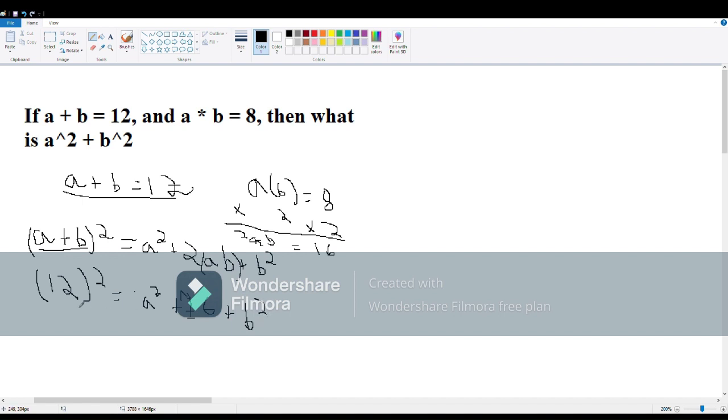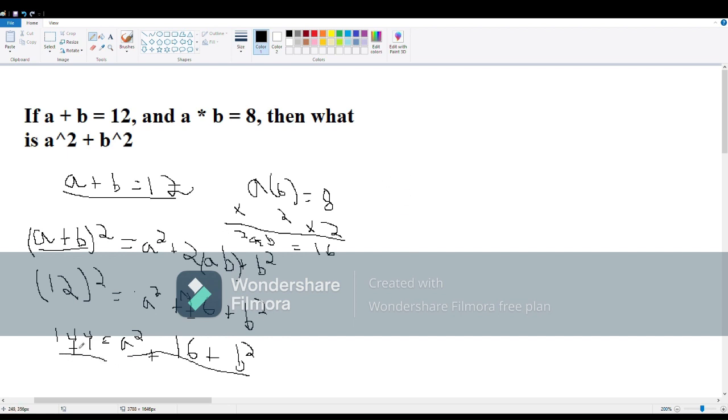So now what is 12 times 12? Well, that would be 144, equal to a squared plus 16 plus b squared. Now, as you may have learned in algebra, we want to make both of these sides even.